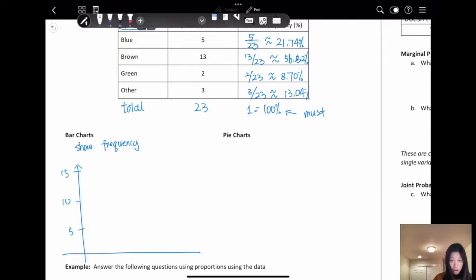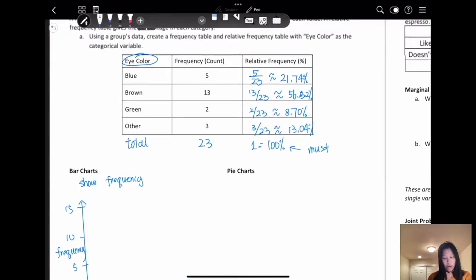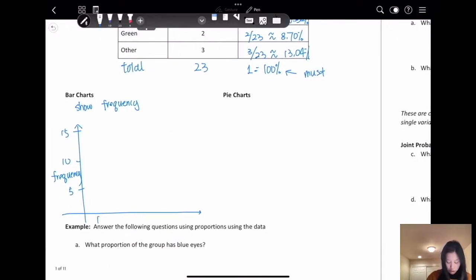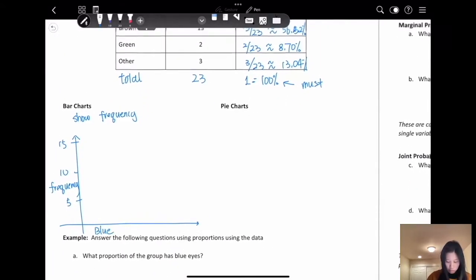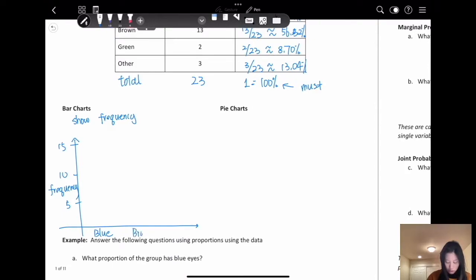The Y value always represents the frequencies, whereas the X value can be your categorical variable, which in our case is blue eyes, brown eyes, green eyes, and other.